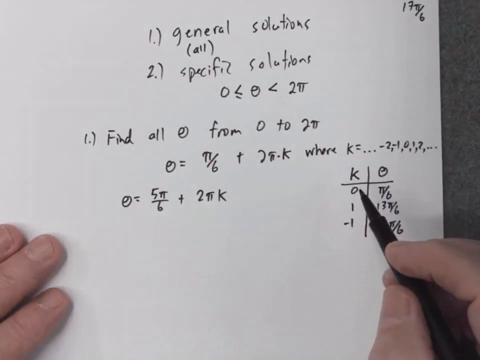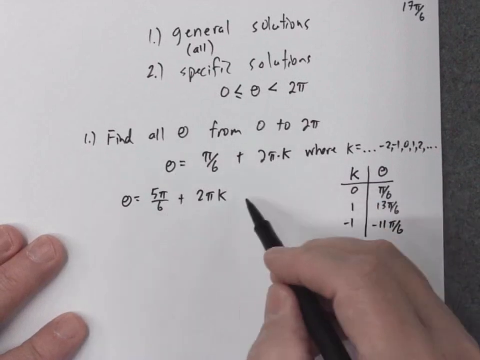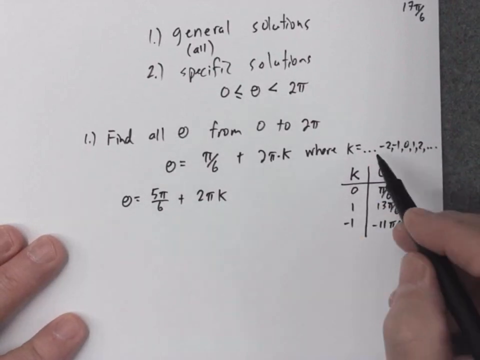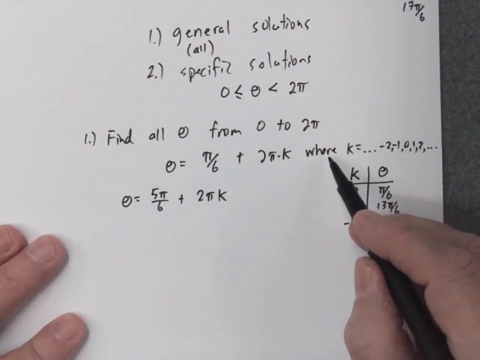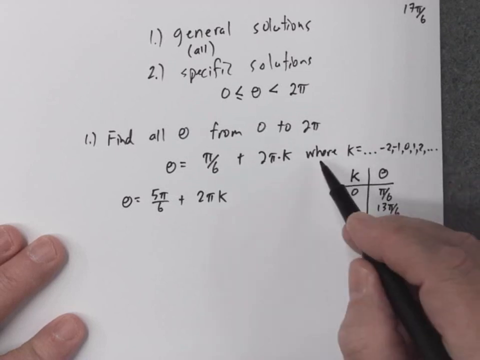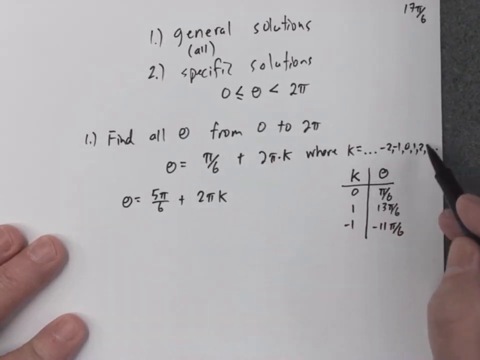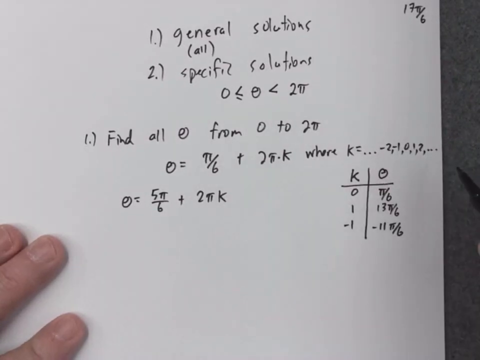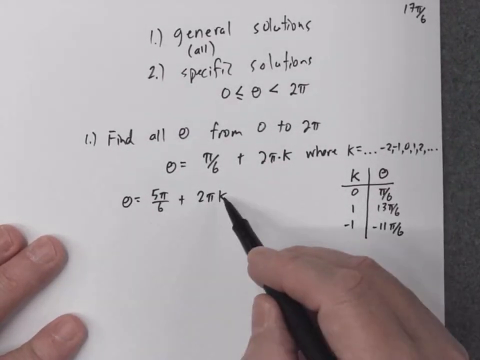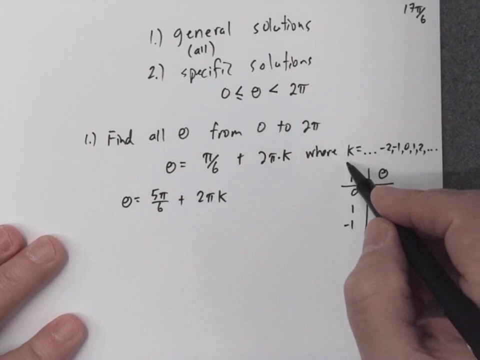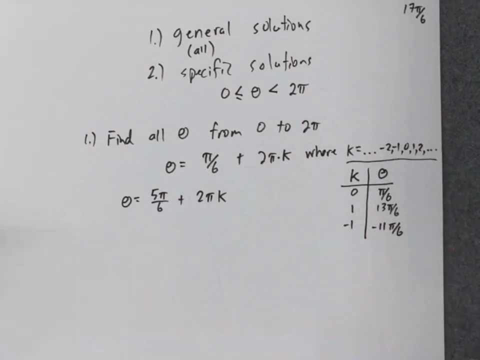And just so you know, from now on, when I do this kind of notation, I'm not going to write down every time this last part where k equals -2, -1, 0, 1, 2, just because it's tedious, and when you see this notation, you realize that this is also included.